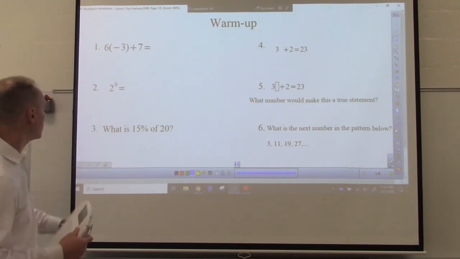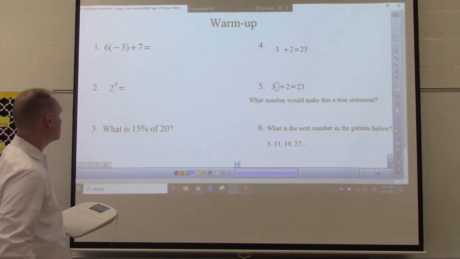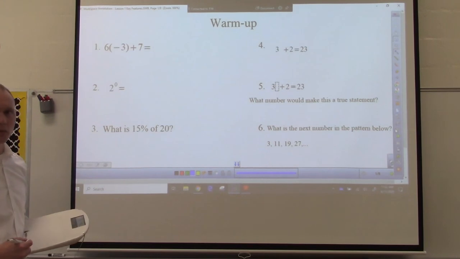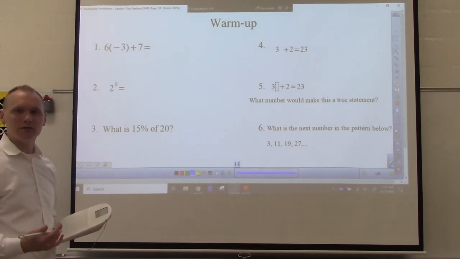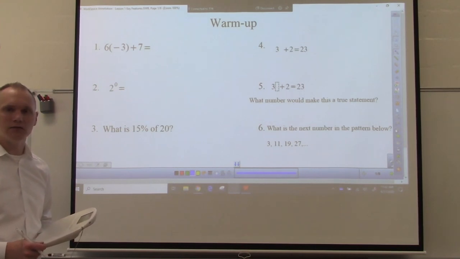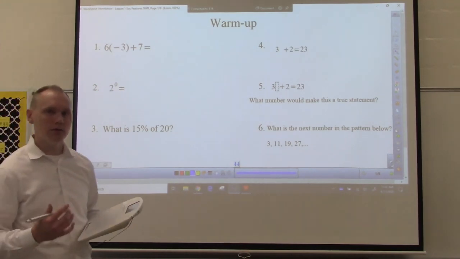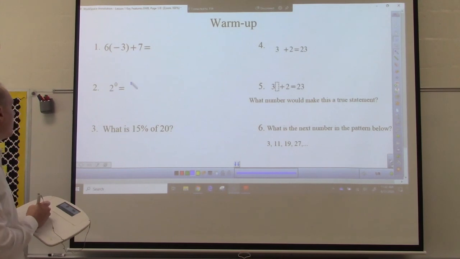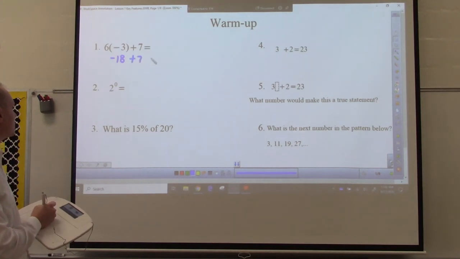Alright, so let's take a look at number 1. 6 times negative 3 plus 7. So 6 times negative 3 is negative 18, plus 7 is negative 11. Again, you can try to do some of that mentally. If you think about it step by step, 6 times negative 3 is negative 18, and then plus the 7 still.